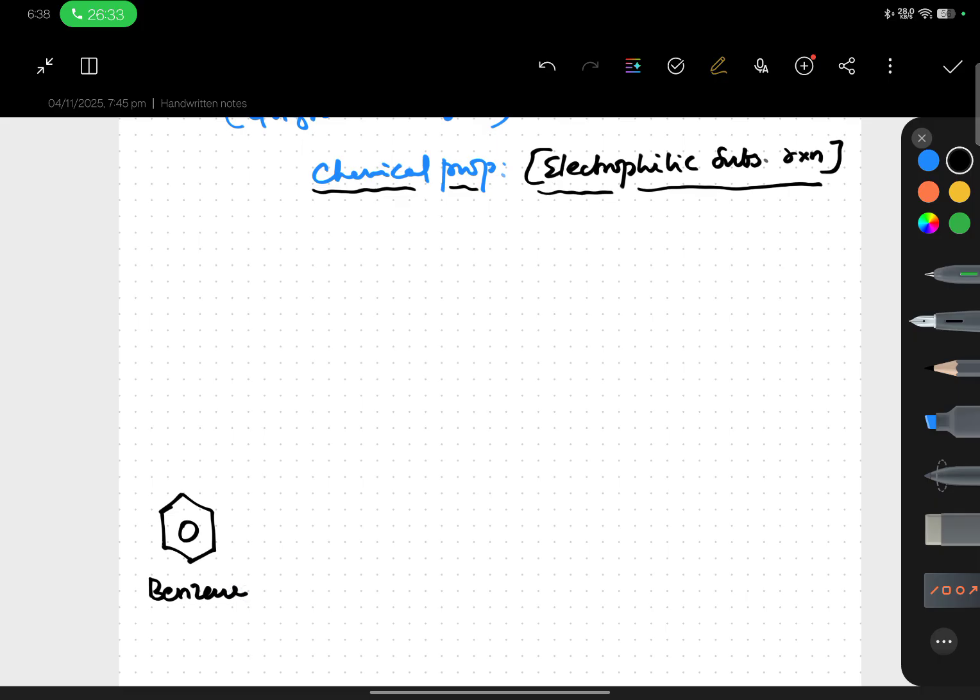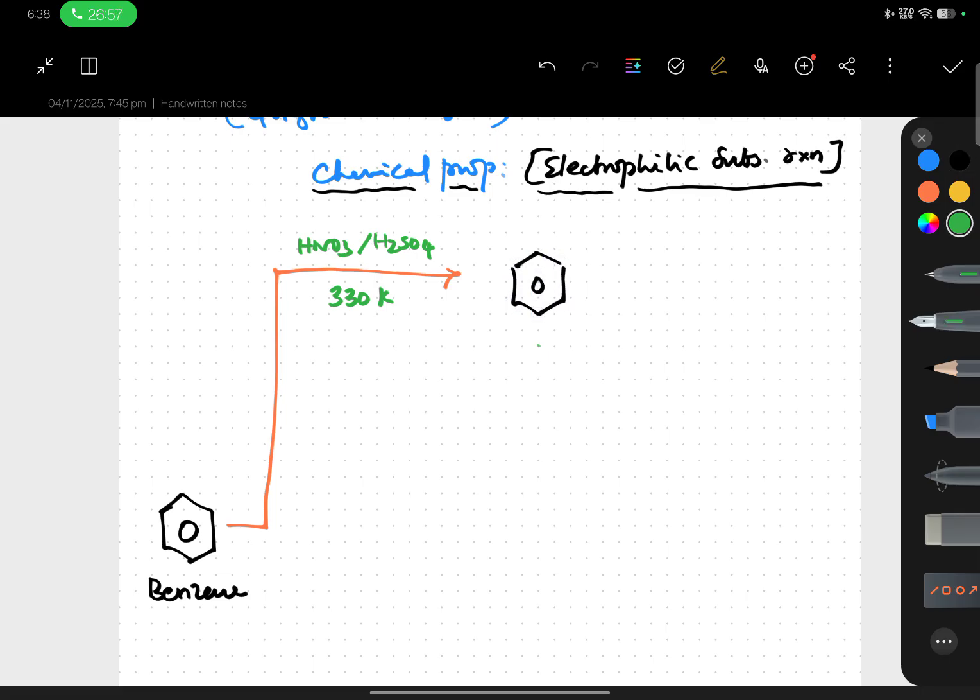All the reactions I am going to show now are electrophilic reactions. So first you treat it with HNO3 in presence of H2SO4 at 330 Kelvin. You will get benzene ring with a nitro group attached. We call this nitrobenzene.